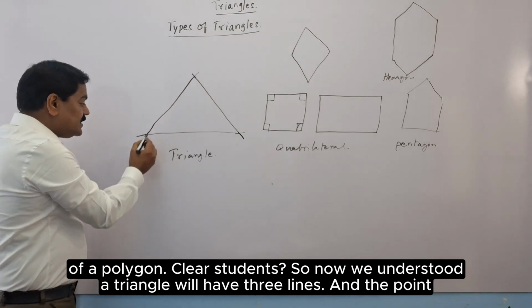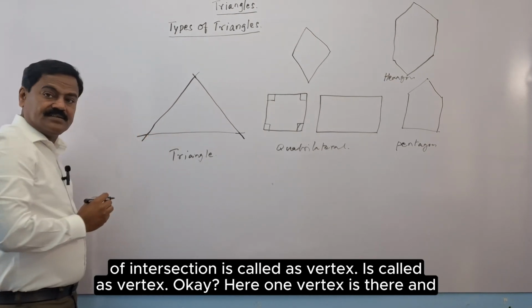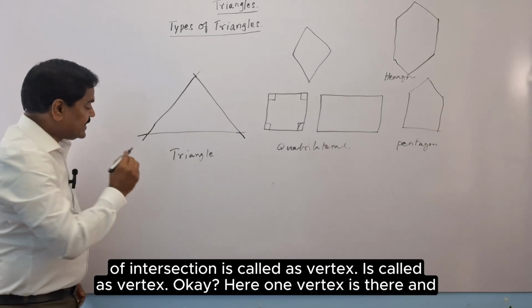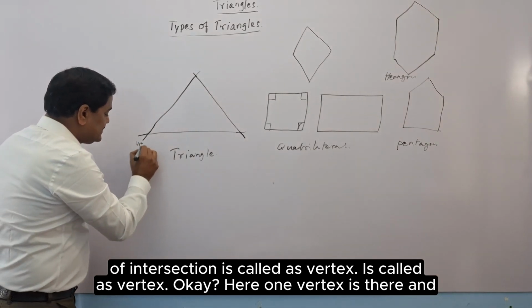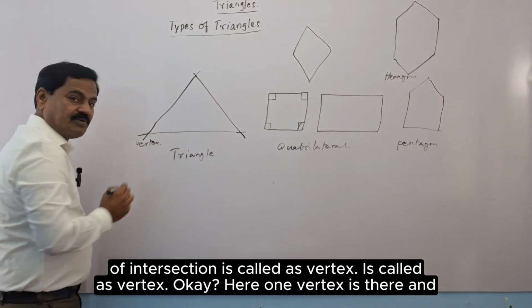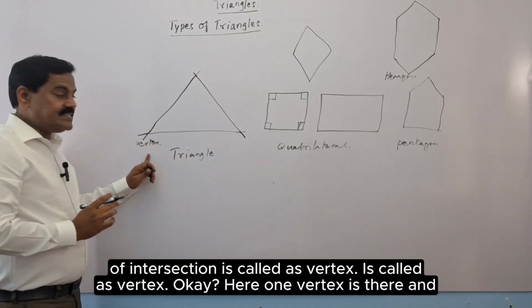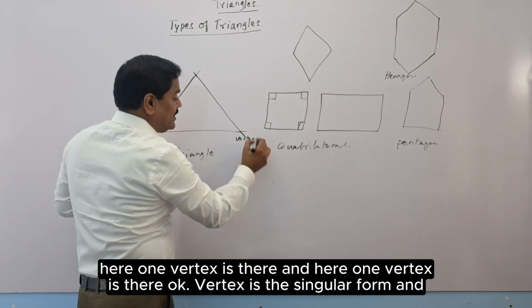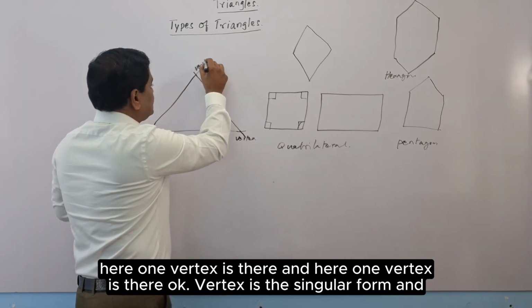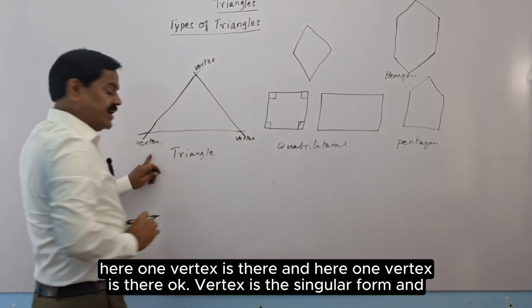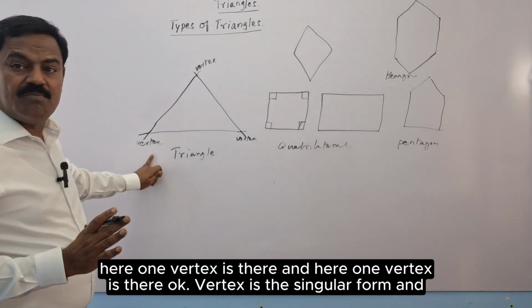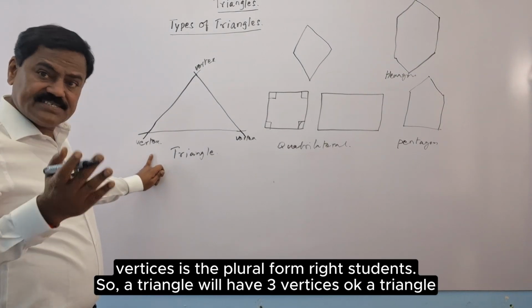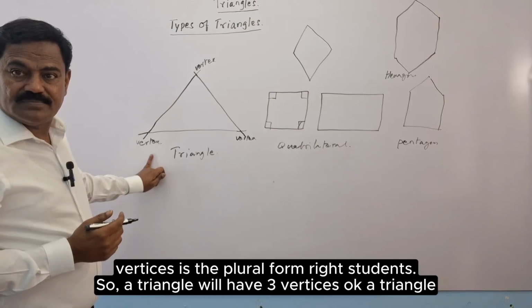The point of intersection is called a vertex. Here one vertex is there, here one vertex, and here one vertex. Vertex is the singular form and vertices is the plural form.